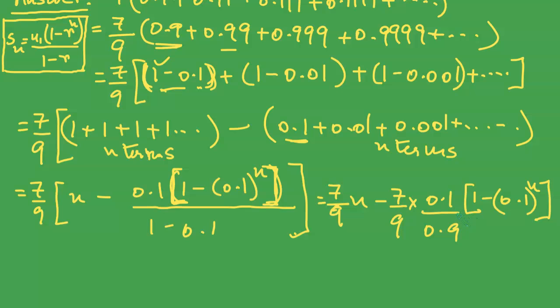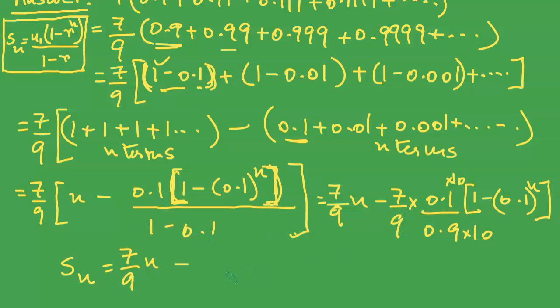And if I multiply this by 10 and this by 10, I get Sn to be equal to 7/9n minus 0.1 times 10 is 1 and 0.9 times 10 is 9.